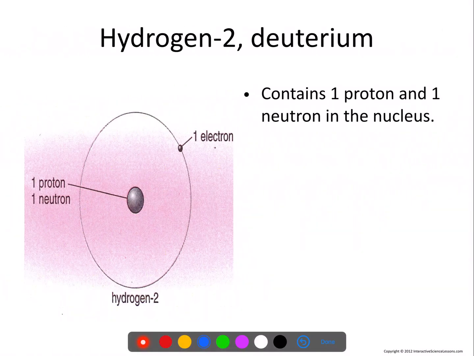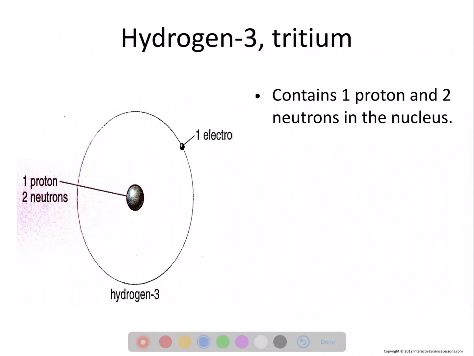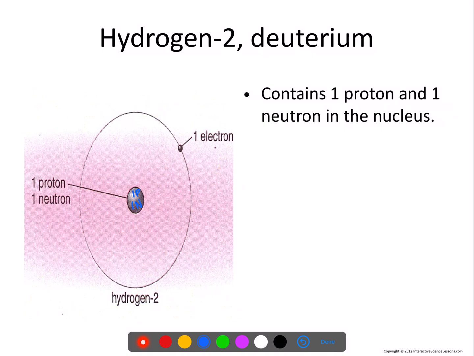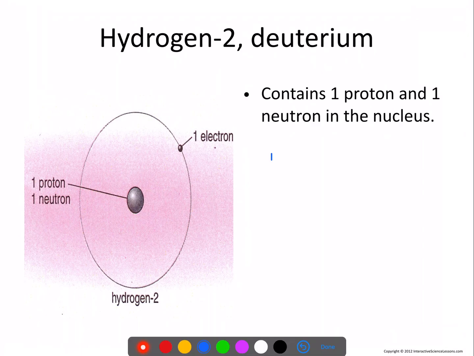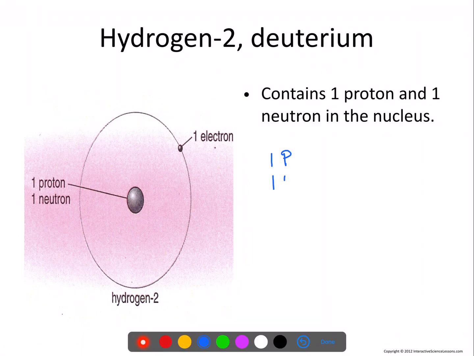Hydrogen 2 is known as deuterium, and you'll see in this case you've got a proton and a neutron, which is why you have atomic mass. Which is 1 proton, 1 neutron, 2 atomic mass units.